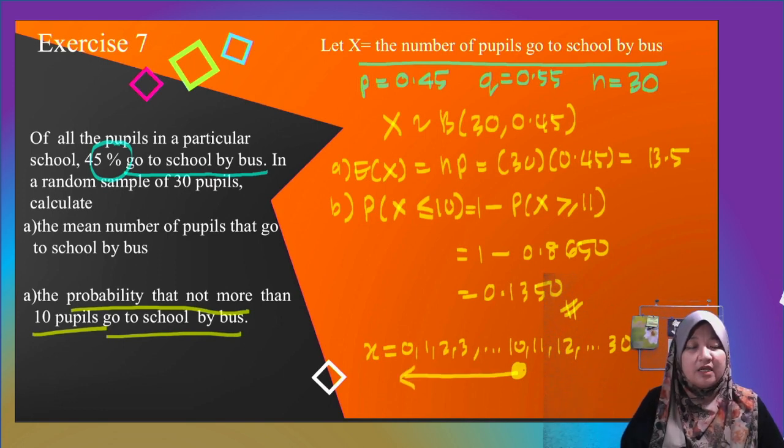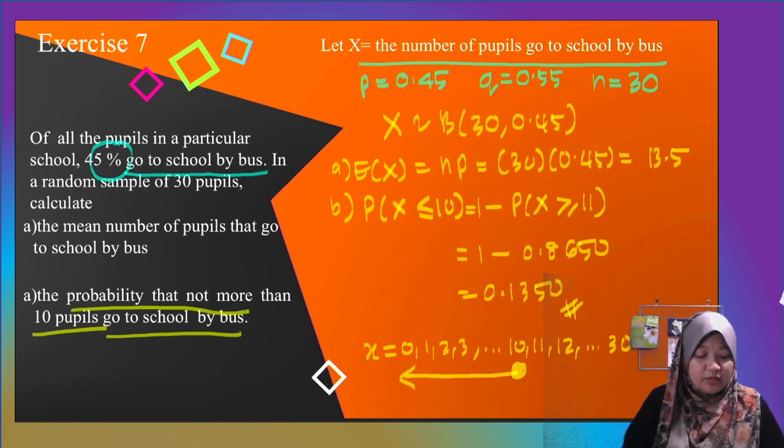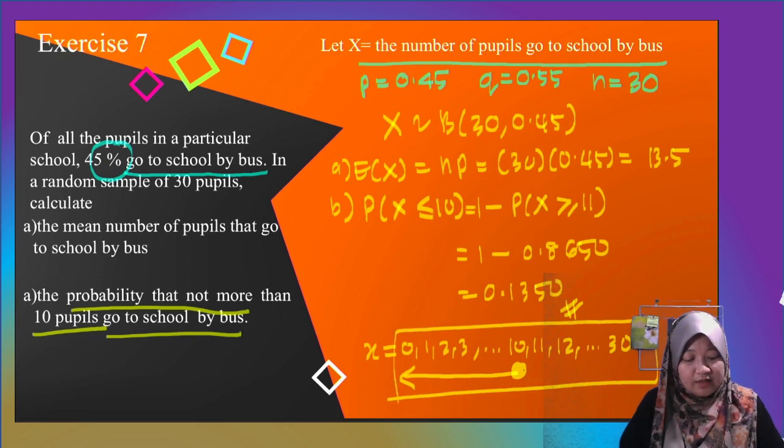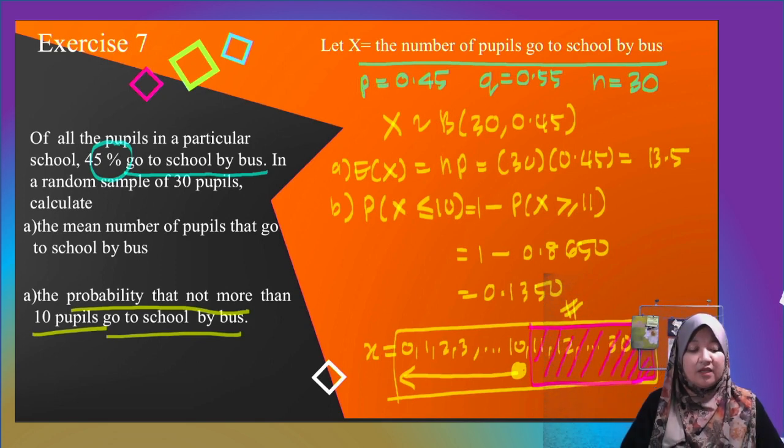Dia nak nilai yang kurang atau sama dengan 10. Jadi, kita consider the whole probability is equal to 1, and minus the rest area. The rest area is kawasan ni. Ya, kawasan ni adalah X greater than or equal to 11. Okay. So, kita dapatlah kawasan yang kita nak.